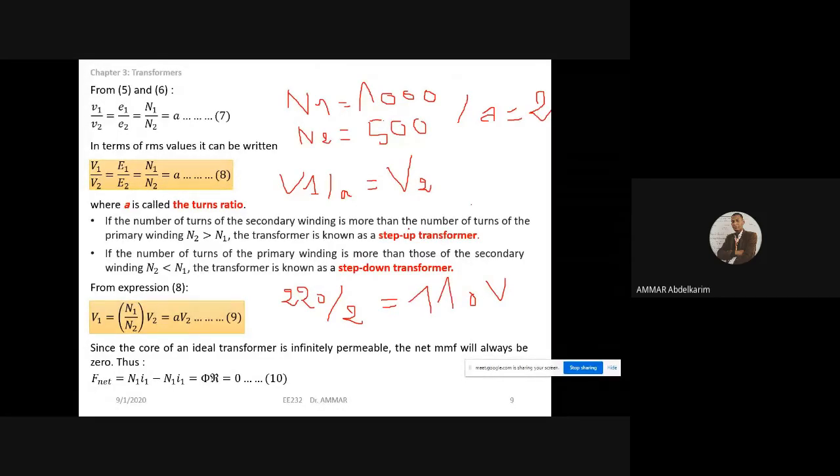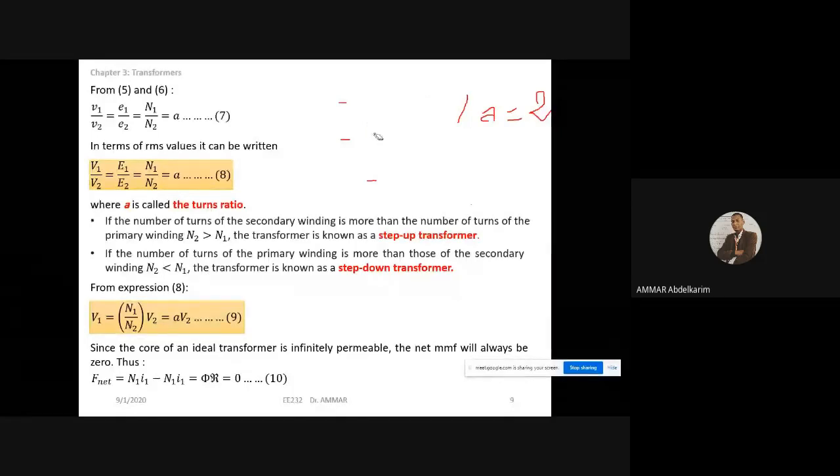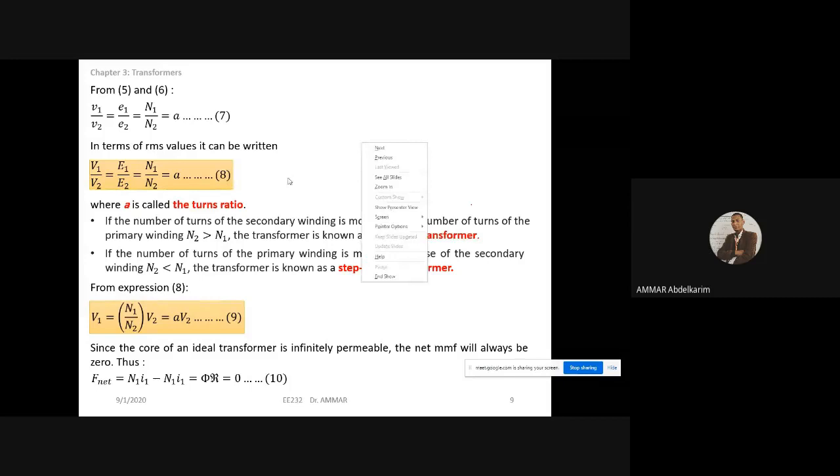So this one is a step down transformer, which decreases the voltage. The first one rises, the second one decreases. I hope you can save this in your mind. If you feel it's complicated, just give an example as we have done now, and you will get it.